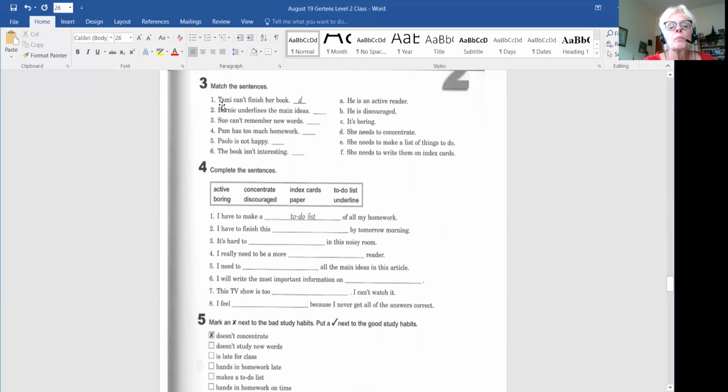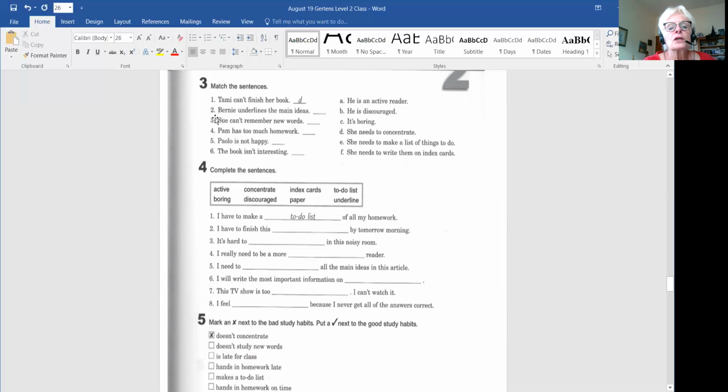Number 2, Bernie underlines the main ideas. Which of these goes with that? We decided A because he is an active reader.